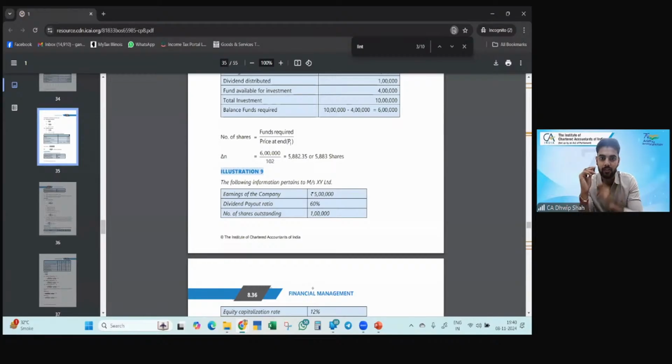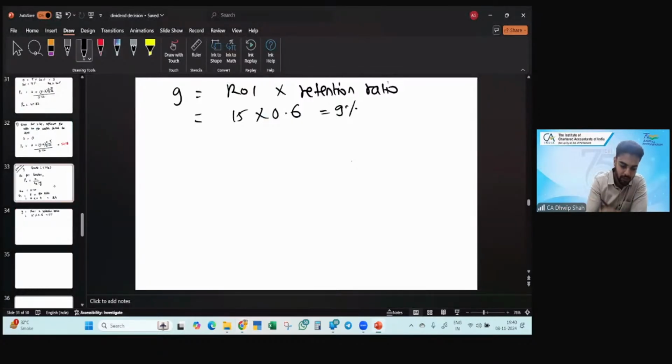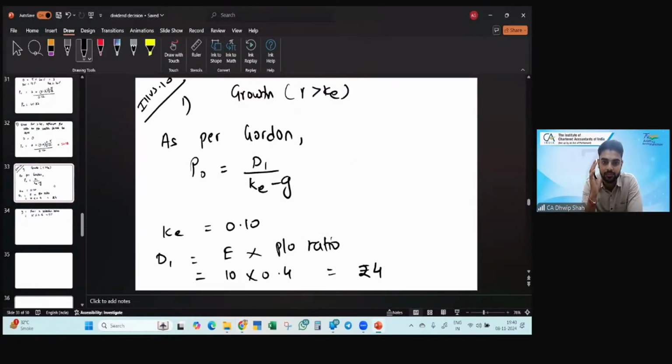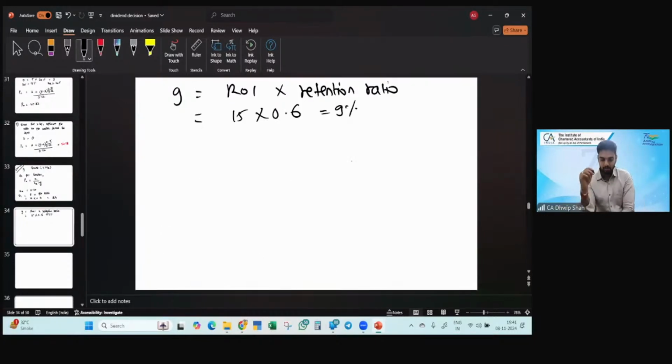Here zero, here figures were coming. In that case, when payout ratio is 0%, Gordon's model is based on earnings. Yes, that much difference will come under both the models.